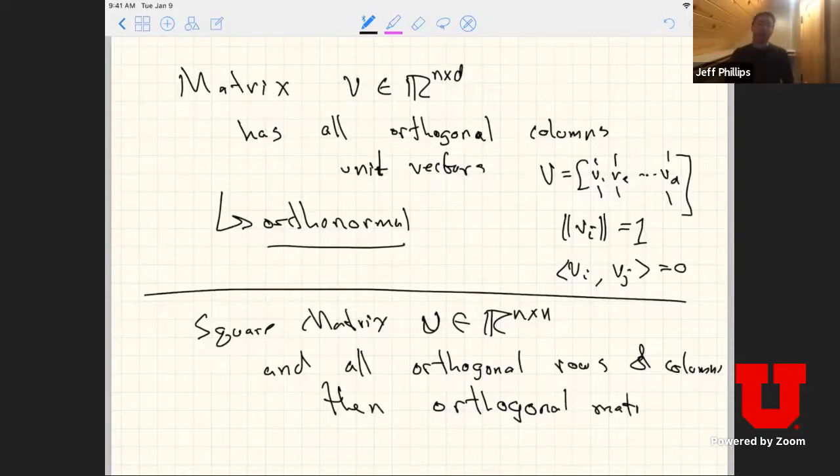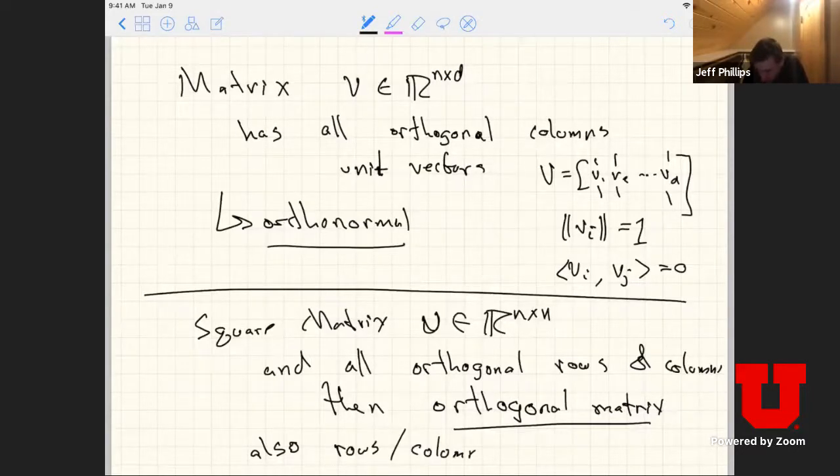Okay, so then I have an orthogonal matrix if it is a square matrix and I have all these orthogonal rows and columns. The rows and columns should also be unit vectors. Yeah, so usually this has been normalized.